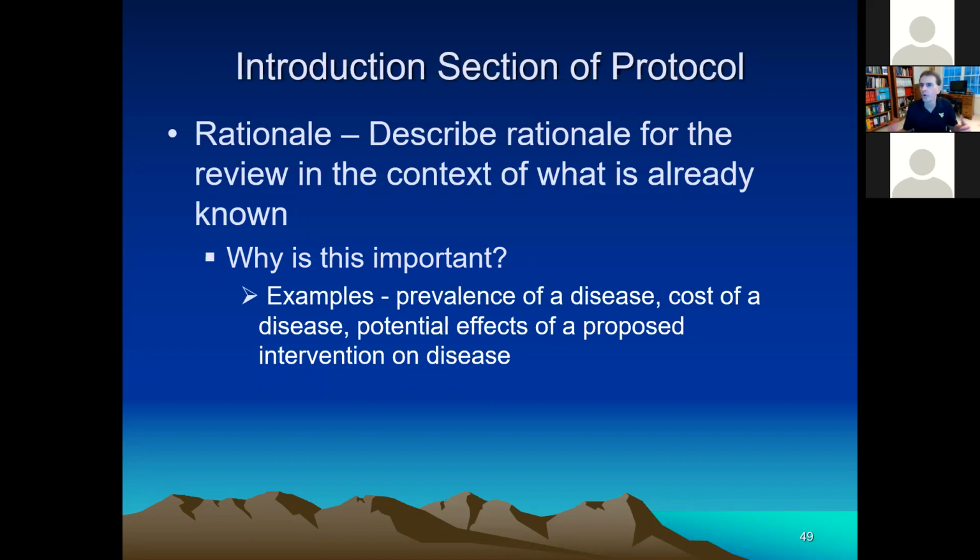Why are those important? Okay. Aquí menciona algunos ejemplos para contestar la pregunta de por qué esto es importante: la prevalencia de una enfermedad, el costo de una enfermedad, los efectos potenciales de una intervención en una enfermedad, la relación entre las destrezas físicas y algunas otras variables.